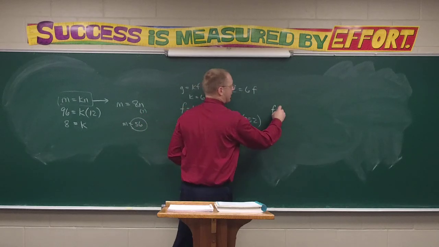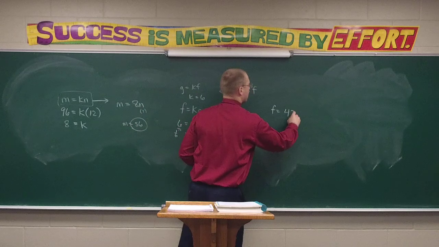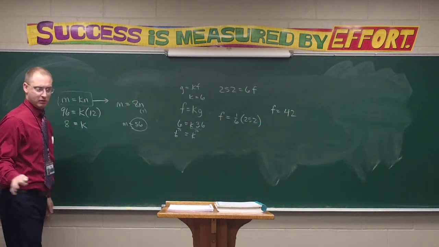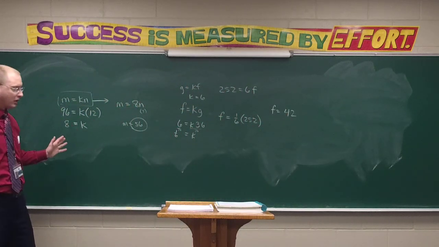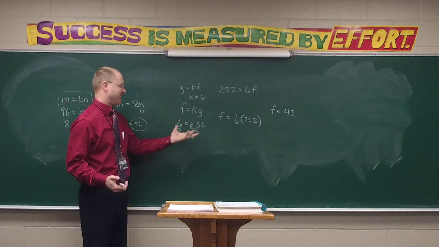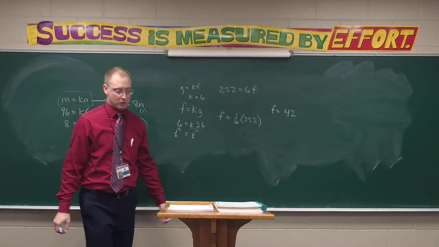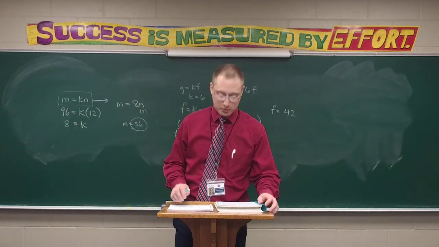Either way, f has to equal what? Anyone? 42. Does that make sense? Okay, two ways to do it. Neither one is wrong. Okay, I don't like fractions, so I kind of prefer this way. But same answer either way, right? It's just up to you. Questions on number 2. Number 3, read it for us, Abby.